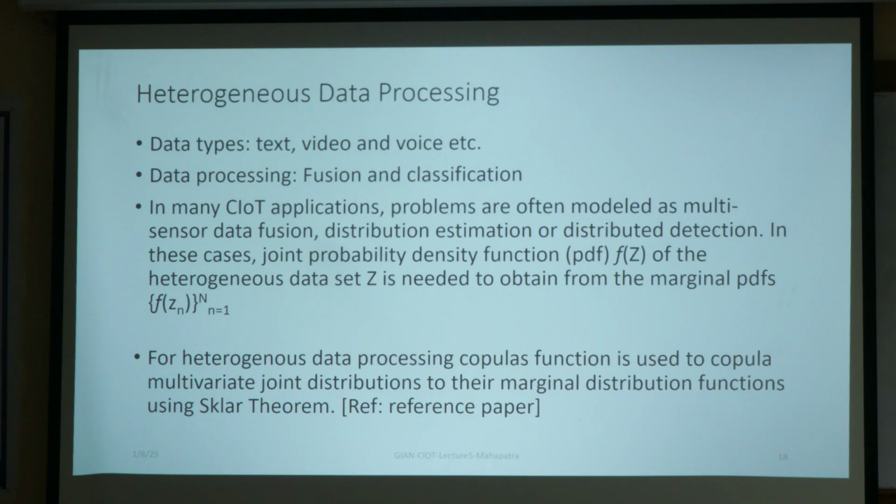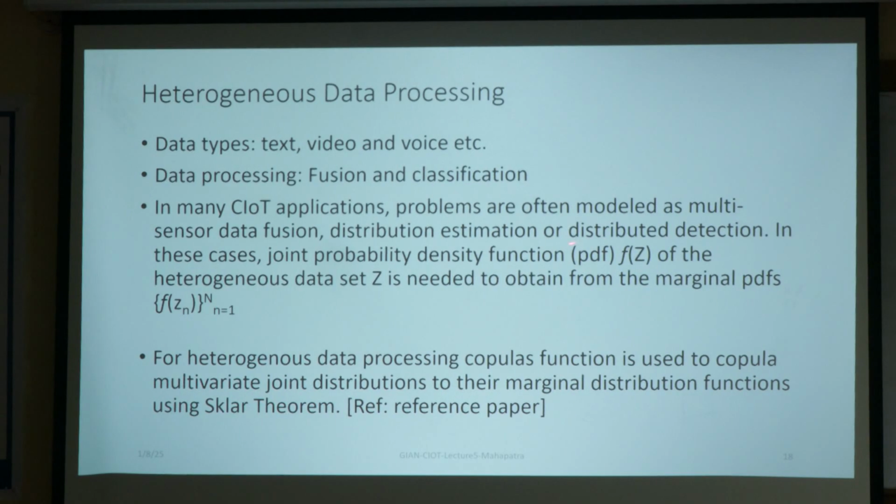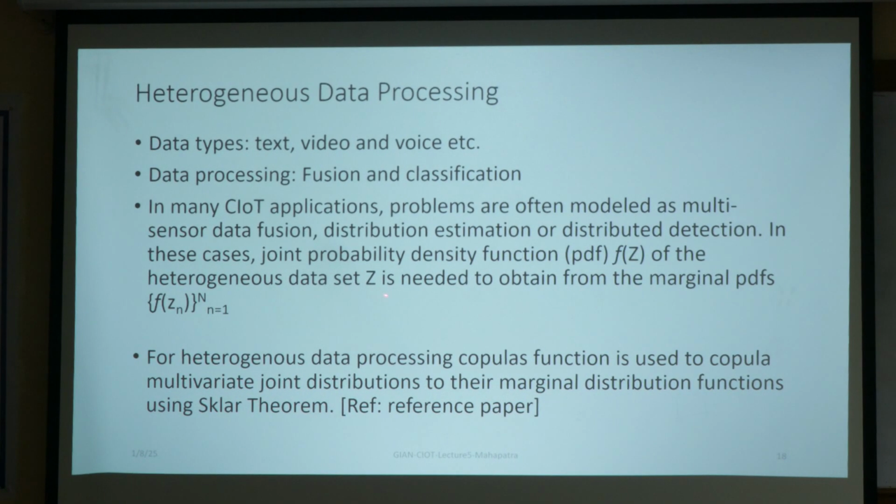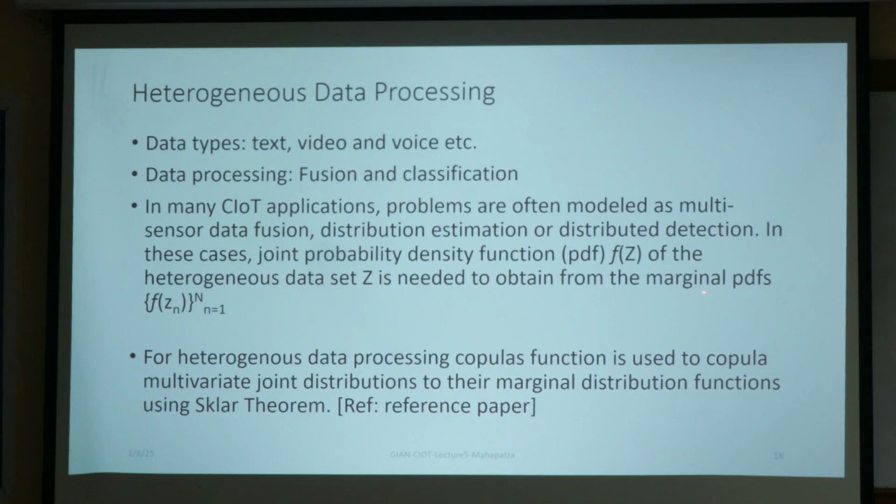In many CIoT applications, the problems are often modeled as multi-sensor data fusion, as well as distributed estimation and distributed detection, because the architecture is typically distributed in nature. In this case, the joint probability density function, PDF, f of g of the heterogeneous data g, needs to be obtained from the marginal PDFs.